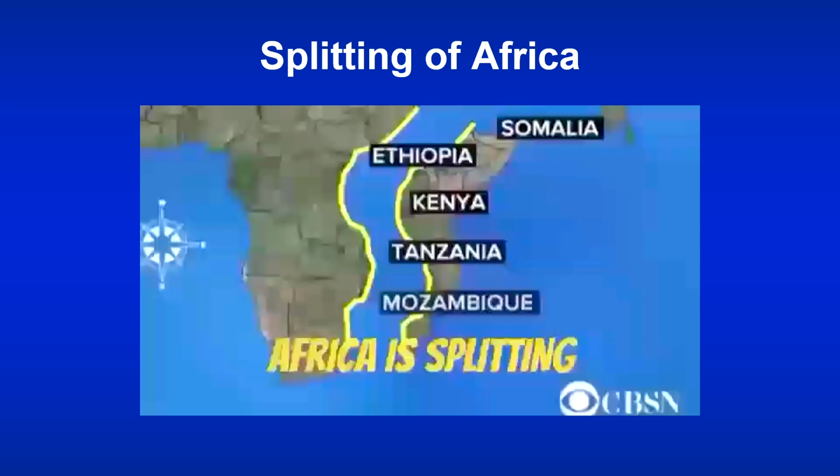So, at some point of time in future, Somalia, Ethiopia, Kenya, Tanzania, Mozambique will be split apart from the whole landmass, and you will have an ocean in between, or we can say not ocean, but a sea in between them. Okay.